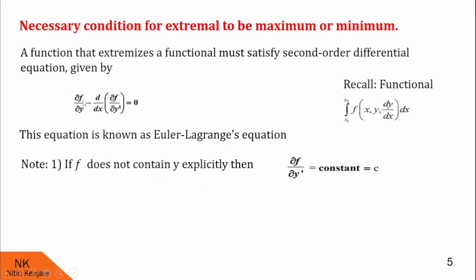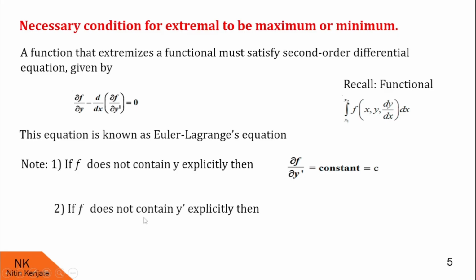Because if f does not contain y explicitly, then ∂f/∂y is 0. Then we are left with only d/dx of ∂f/∂y' is equal to 0. That means derivative of ∂f/∂y' with respect to x is 0. That means ∂f/∂y' is constant. So we are calling ∂f/∂y' is equal to c.